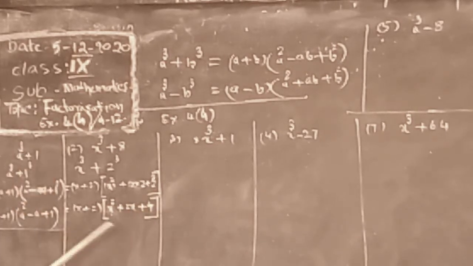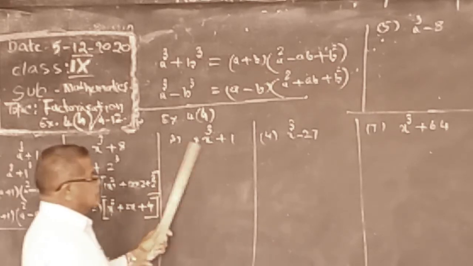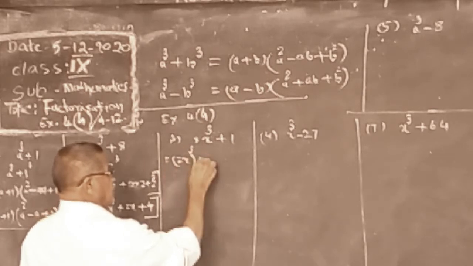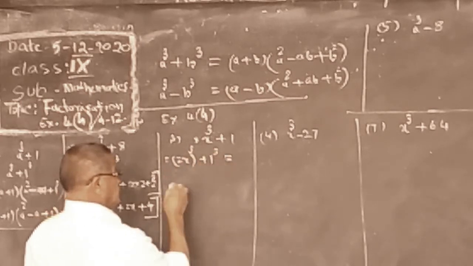These are the factors. And this is 8x cube plus 1: (2x) cube plus 1 cube.